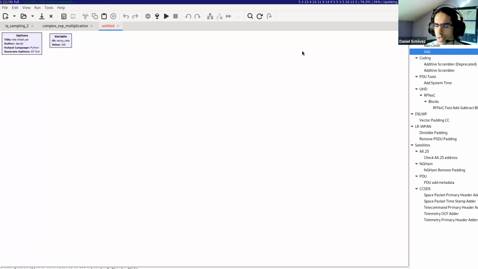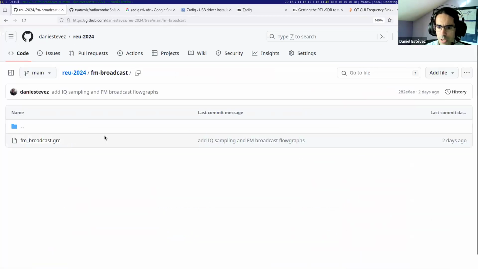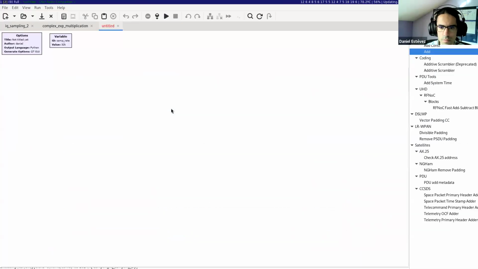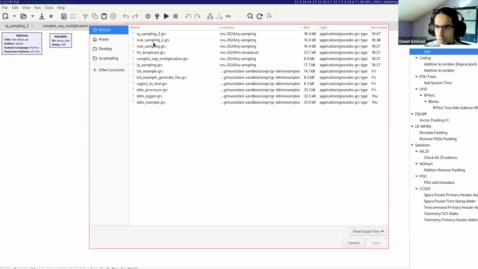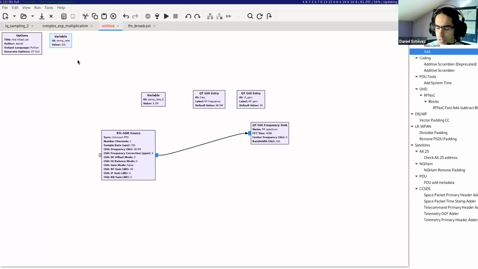So if you want the finished version of the flow graph, this is in the FM broadcast. What I'm going to do is to copy some of that because it's basically the same as we did last week.